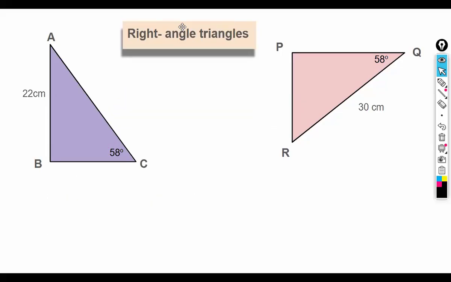Remember, this 30 centimeters is opposite the right angle, so it is definitely the hypotenuse. The easiest thing for me to do is to find this side here, which is the adjacent.